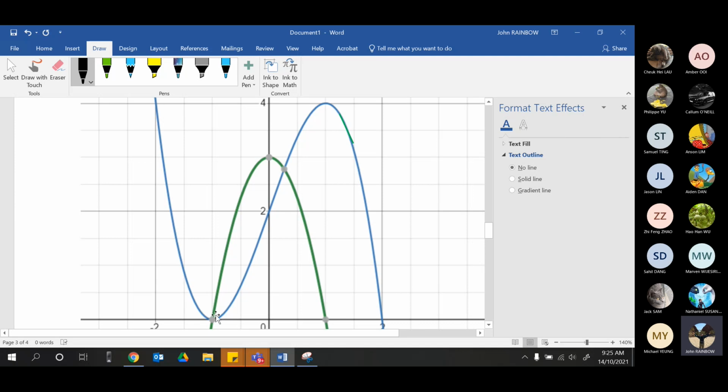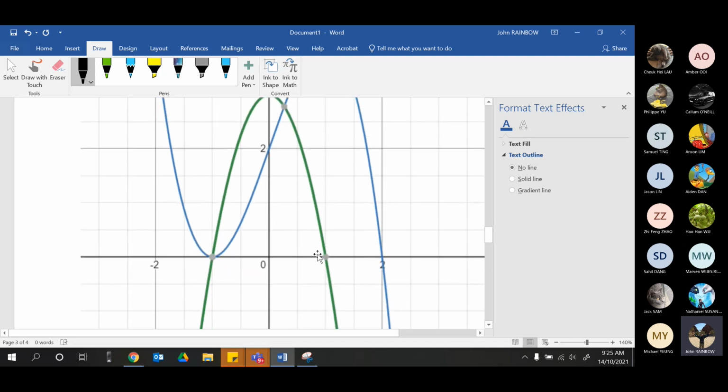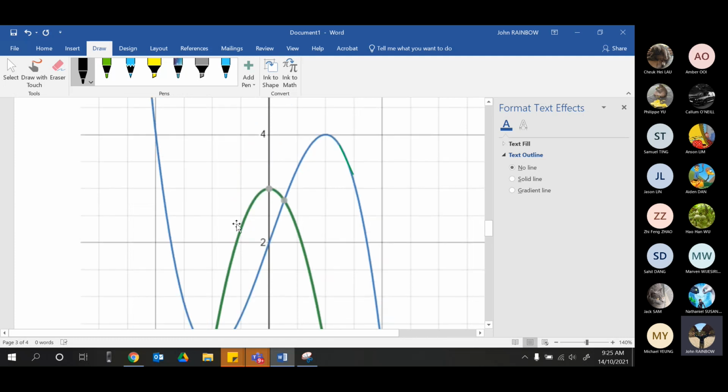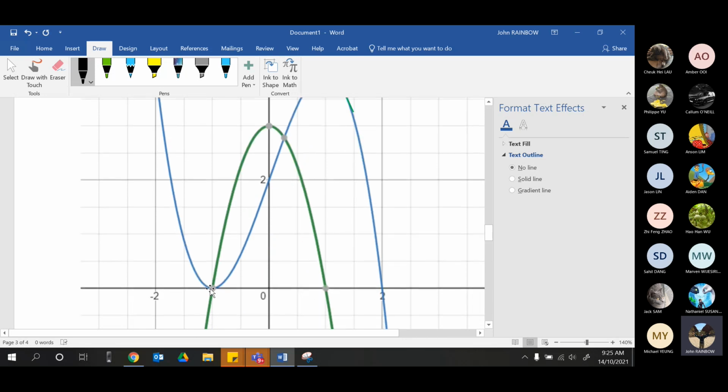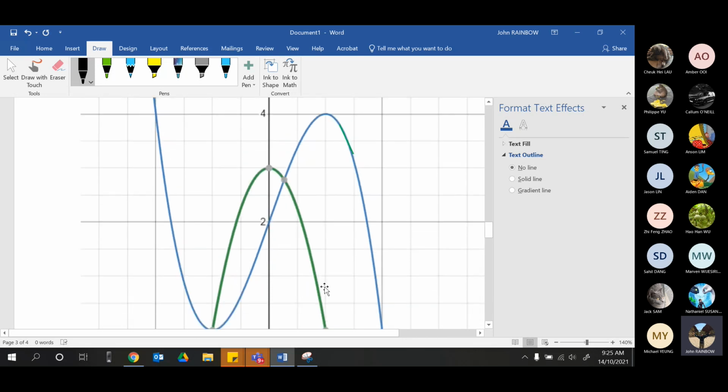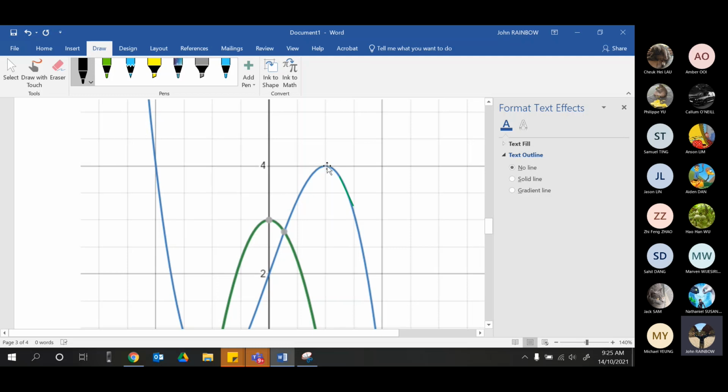Look, it does. And that's where the turning points are. I use my quadratic information to find out where those x values are. I find out that that's actually at -1 and 1. I then substitute it back into this equation to find out what the coordinates are. When I substitute in -1, I find out y equals 0. When I substitute in 1, I find out the turning point's at 1, 4. That's all we're doing, guys.